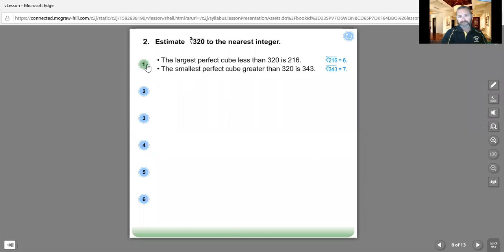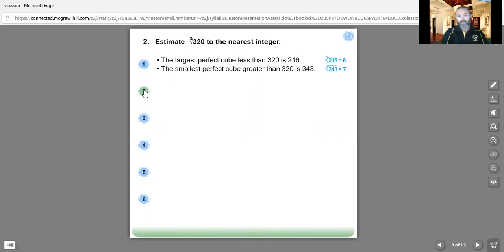Well, the largest perfect cube less than 320 is 216, and the smallest perfect cube greater than 320 is 343. We can see here that the cube root of 216 is 6, and the cube root of 343 is 7. So we know that the cube root of 320 is somewhere between 6 and 7.